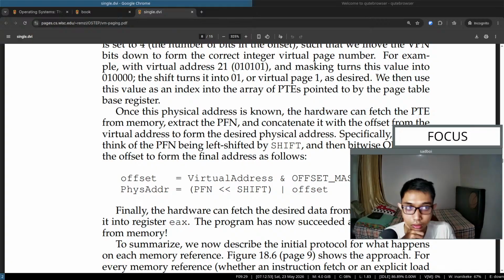Okay, we then use this value as an index to the array of page table entries pointed to by the page table base register.